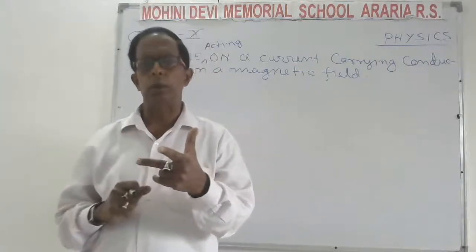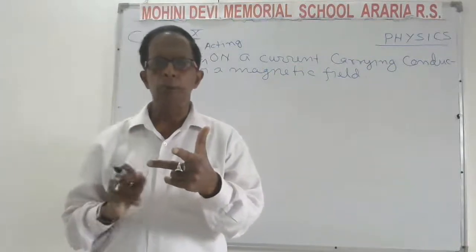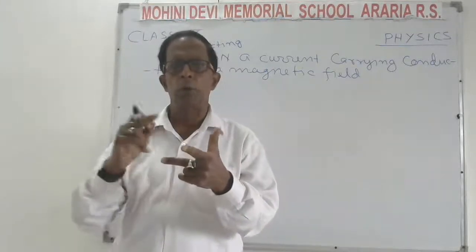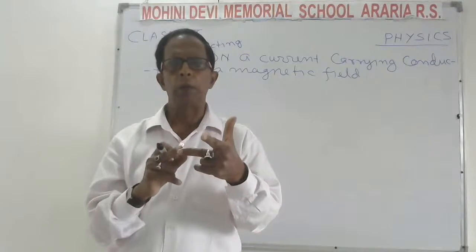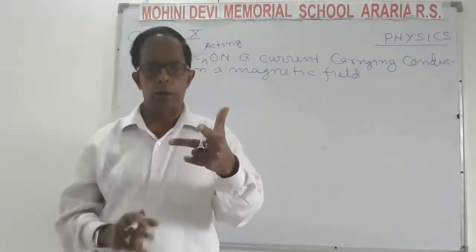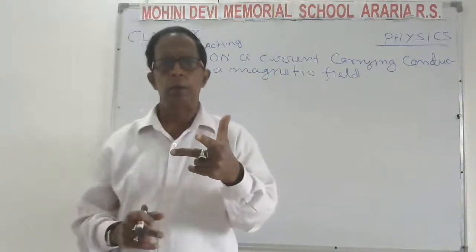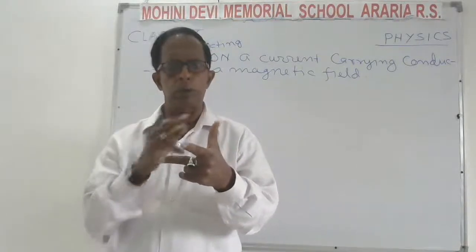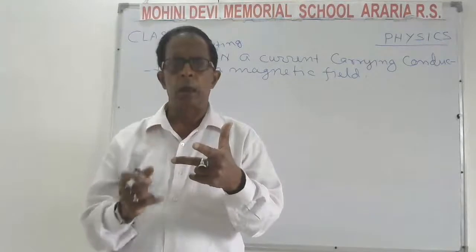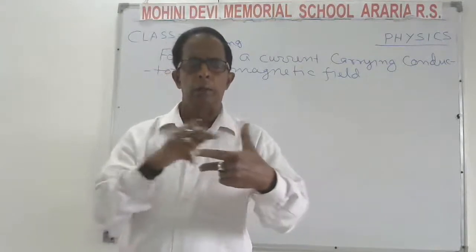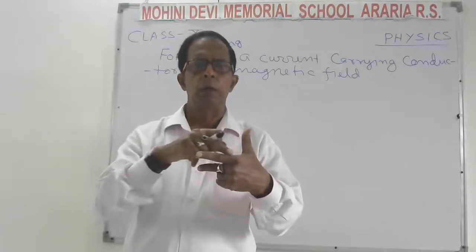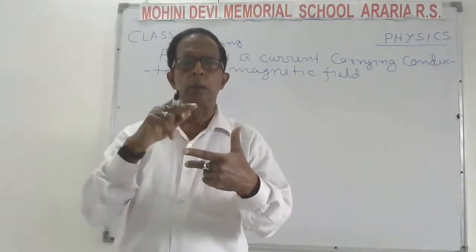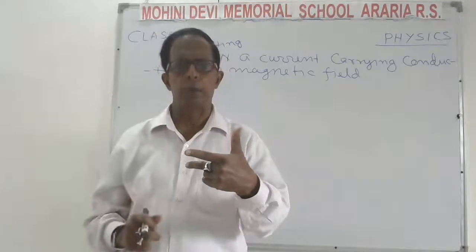And the rule says that if we stretch the three fingers, thumb, forefinger and middle finger in such a way that each finger is perpendicular to each other, then the forefinger indicates the direction of the magnetic field.